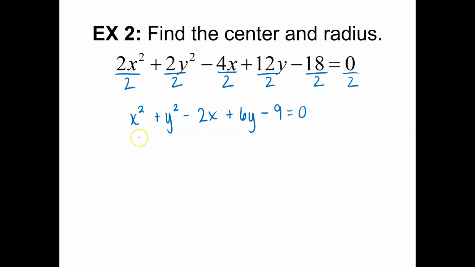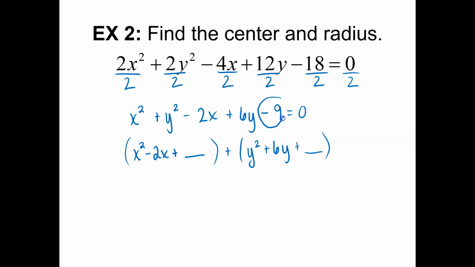Okay, so we'll have x squared minus 2x plus blank. So we're grouping those x's together. I'm going to put some extra parentheses there just to keep it straight. And then y squared plus 6y plus blank. And then I'm taking that 9 and moving it over to the other side.